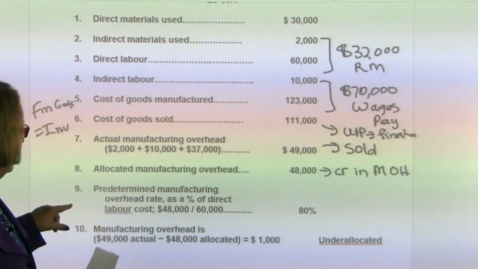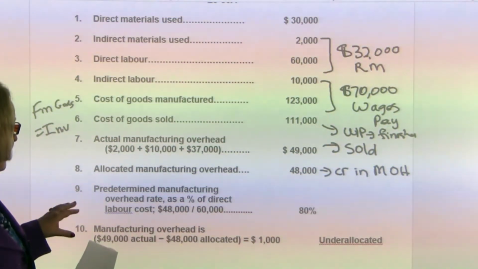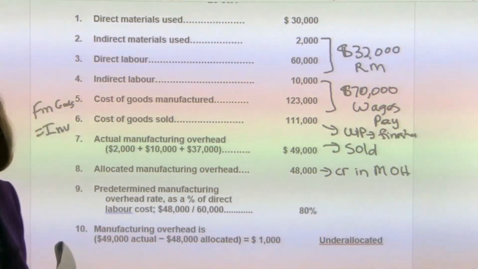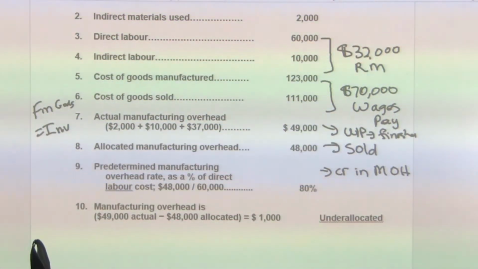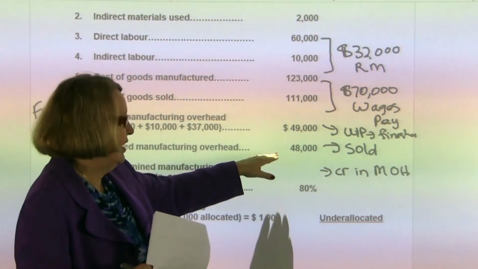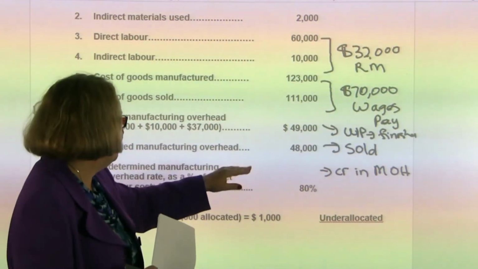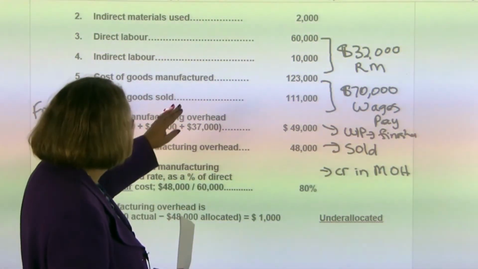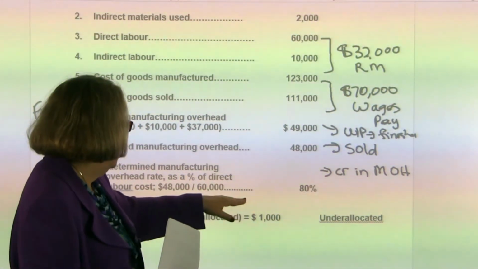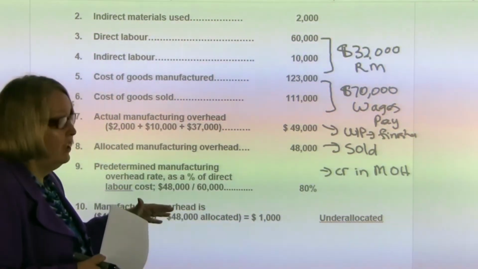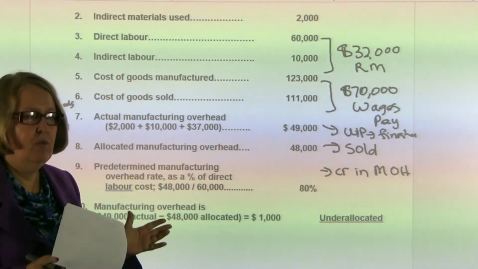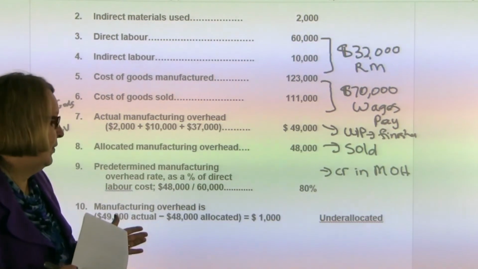So we can now figure out what that predetermined rate was. We're kind of backing into it because here we know that the allocated amount was $48,000 and the direct labor was 60. So it's based on 80%. Whatever was incurred, in this case for labor, 80% of that would also be allocated to overhead.